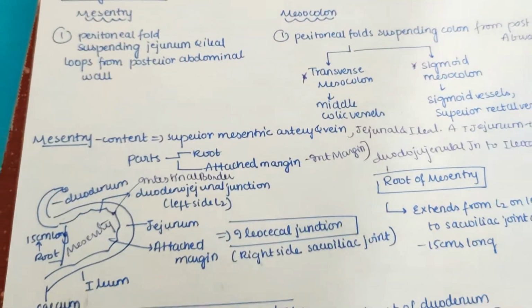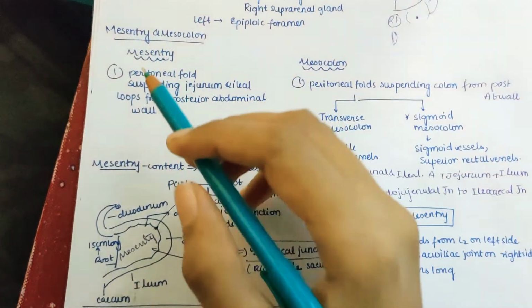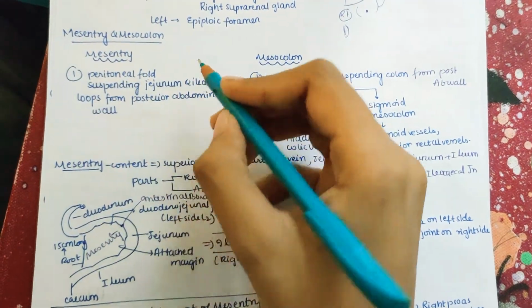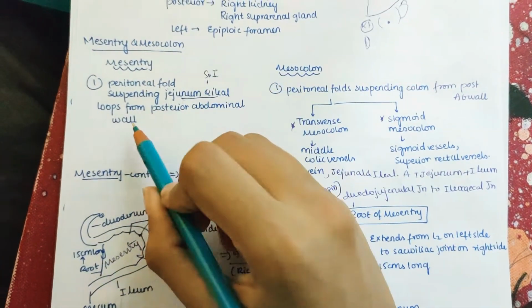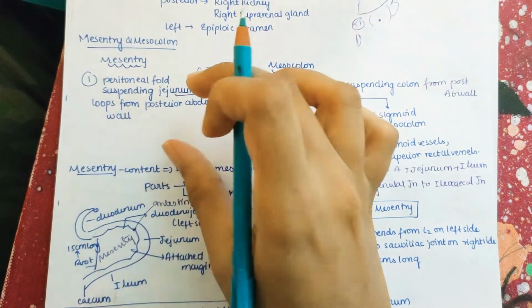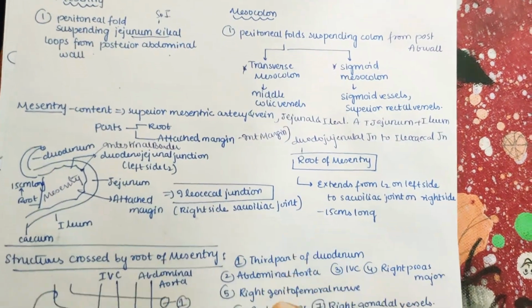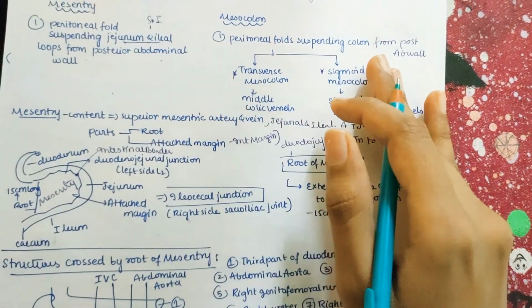Now let us see what is the difference between the mesentery and mesocolon. The mesentery is a peritoneal fold which suspends the jejunum and ileum, that is, the small intestine loops, from the posterior abdominal wall. So this is a mesentery. Coming to the mesocolon, these are the peritoneal folds which suspend the colon from the posterior abdominal wall.